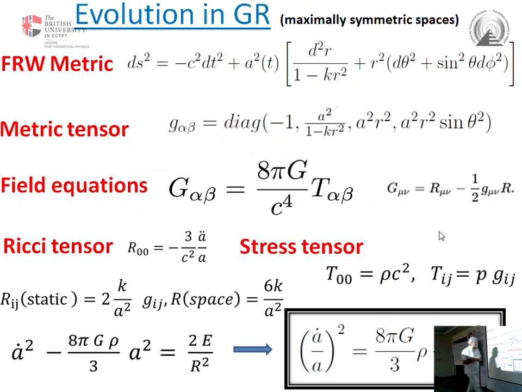In fact, you'll see this is like 1 over r squared, as we saw. You'll see that this is connected to the time that light takes to travel the radius of curvature of your Friedman universe. Okay? Because this is 1 over r squared.